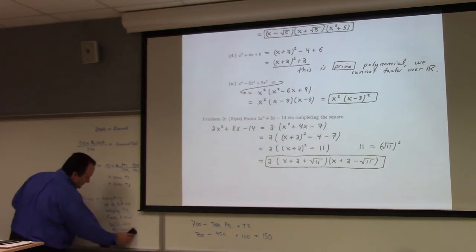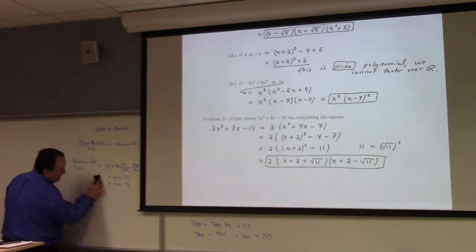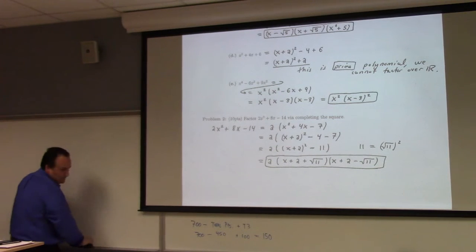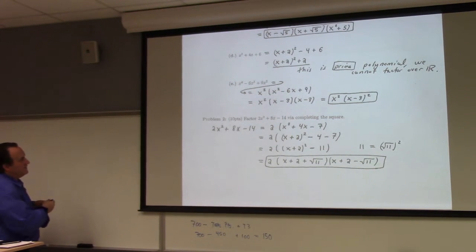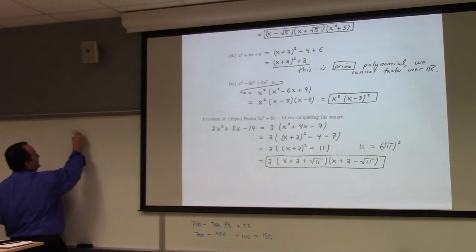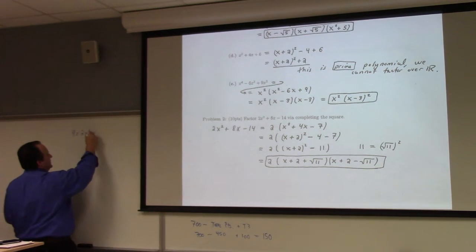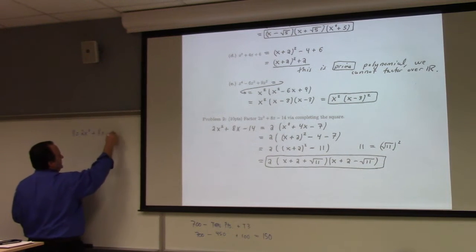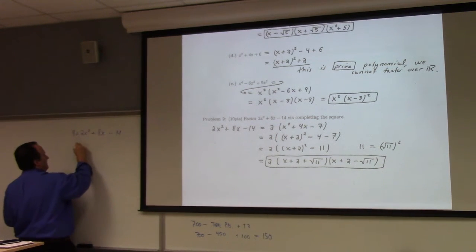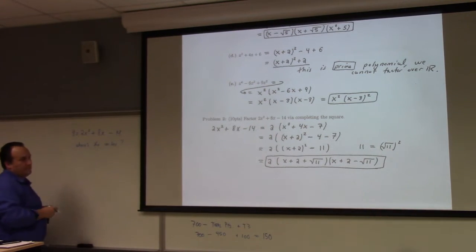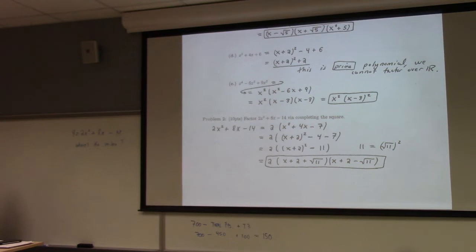I haven't defined it yet, but so if I write y equals 2x squared plus 8x minus 14, where's the vertex? Can you tell me? Looking at what's up here, can you tell me?